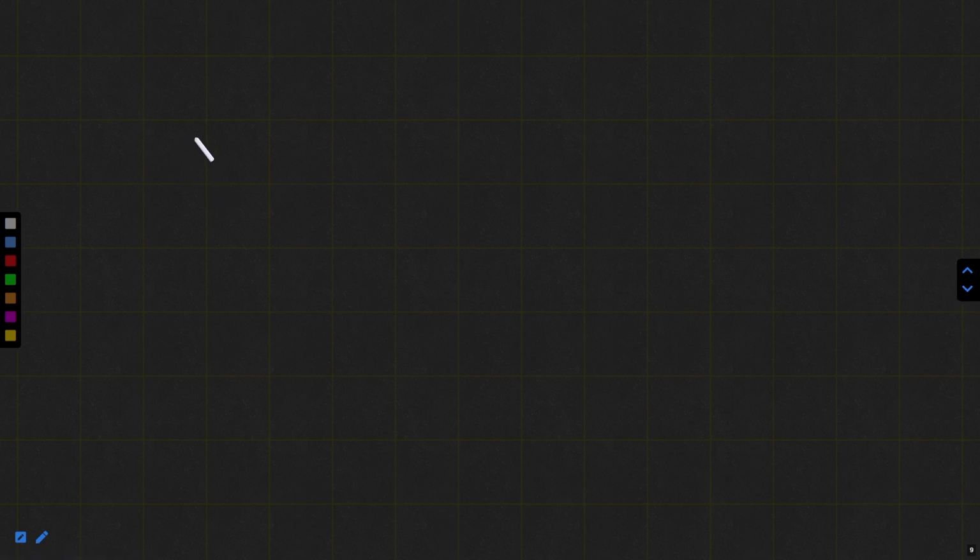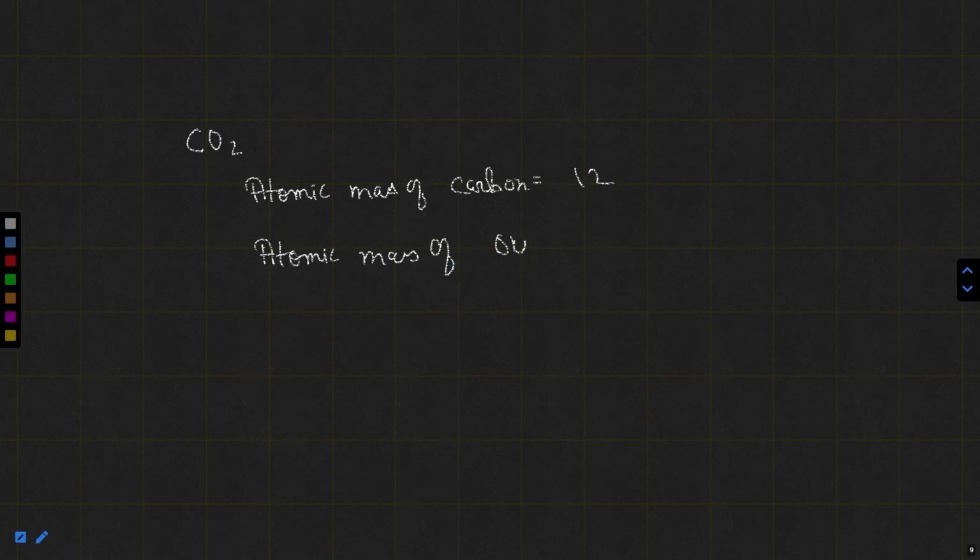Again, we can have another example. Say we can have CO2. It has carbon. What is the atomic mass of carbon? It is 12. And the atomic mass of oxygen, we have seen right now, is 16.